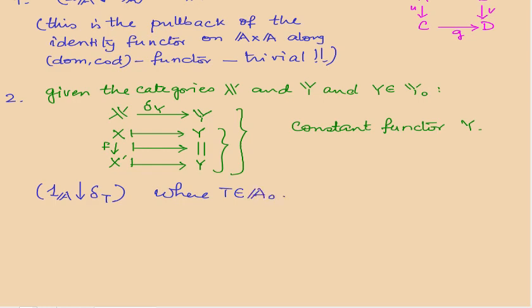When I have taken identity A, it means F is actually identity A, so A and C are same. B can be anything, any category. I don't know what it is. So what are the objects? The objects then look like this.